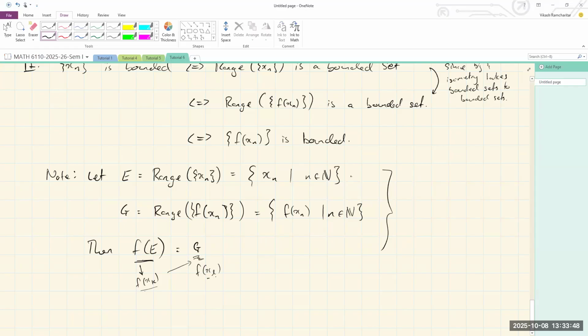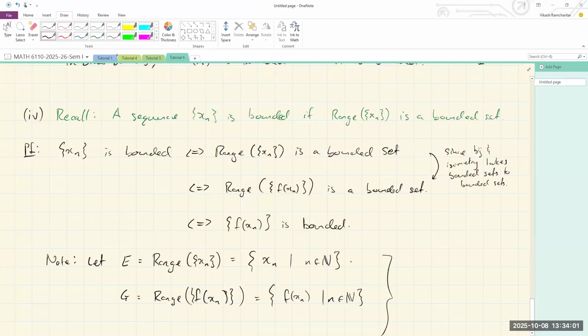But that's just f of a term in the sequence, so that's in this set. It's something you just have to think about. That's essentially why I did all that, to explain why I could replace this line by this line.